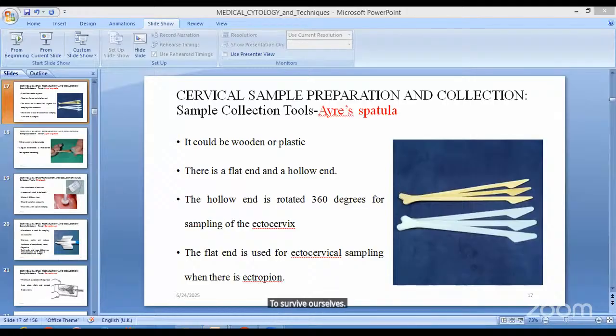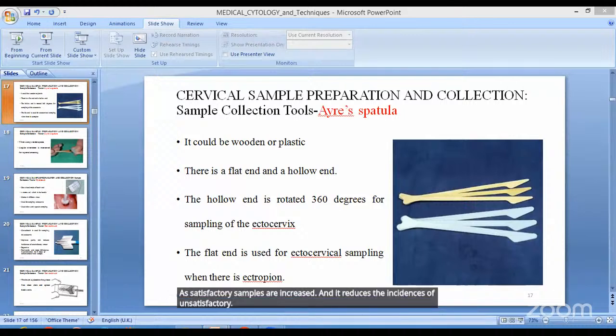When you collect this sample this way, quality-wise, the chances of having rich and satisfactory samples are increased, and it reduces the incidence of unsatisfactory smears.